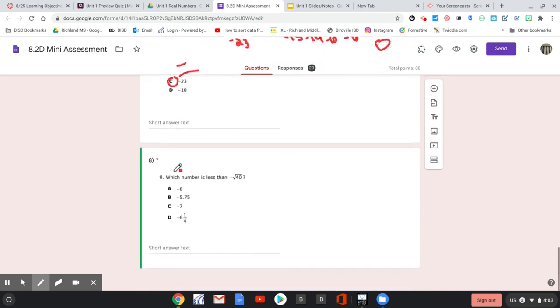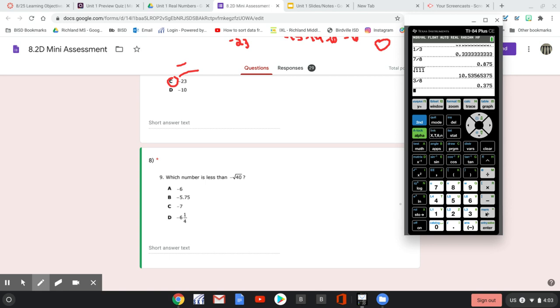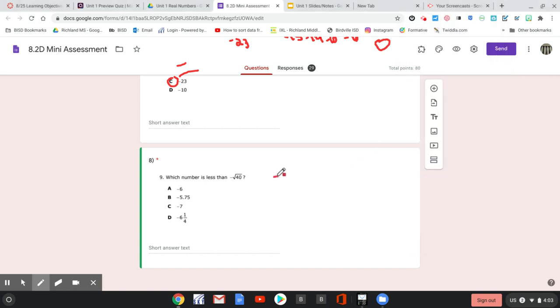And our last one, number 8, which number is less than negative square root of 40? Well, let's see what that is first. Negative square root of 40, enter. So we're looking for something that's smaller than -6.32. -5 is not smaller than -6, so that can't be it. -6 is not smaller than -6.3.